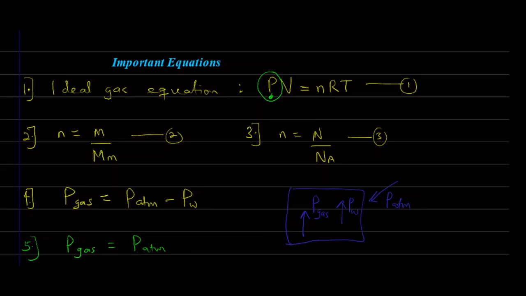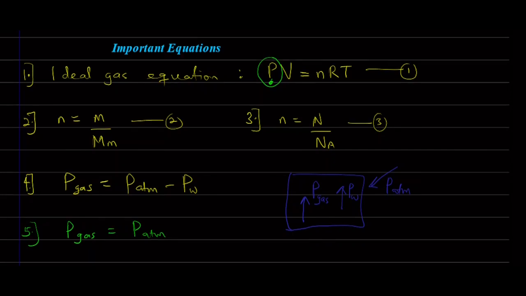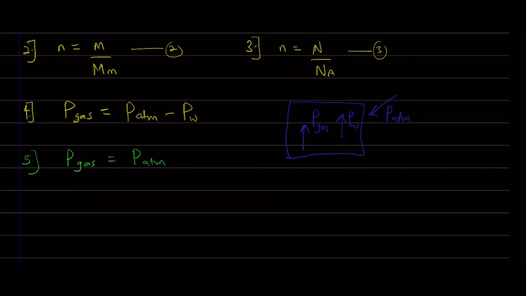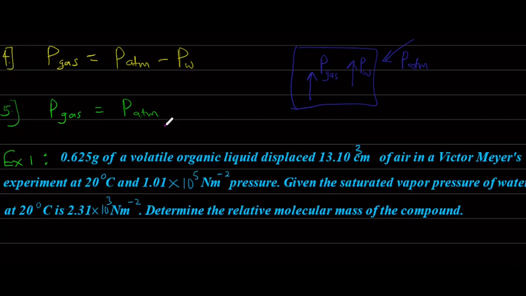So the last part of this section of this video is to solve problems related to what we have been discussing so far. Let's start by looking at the first example. 0.625 gram of a volatile organic liquid displaces 13.10 centimeter cube of air in a Victor Meyer's experiment at 20 degrees Celsius and 1.01 exponential 5 Newton per meter square pressure.